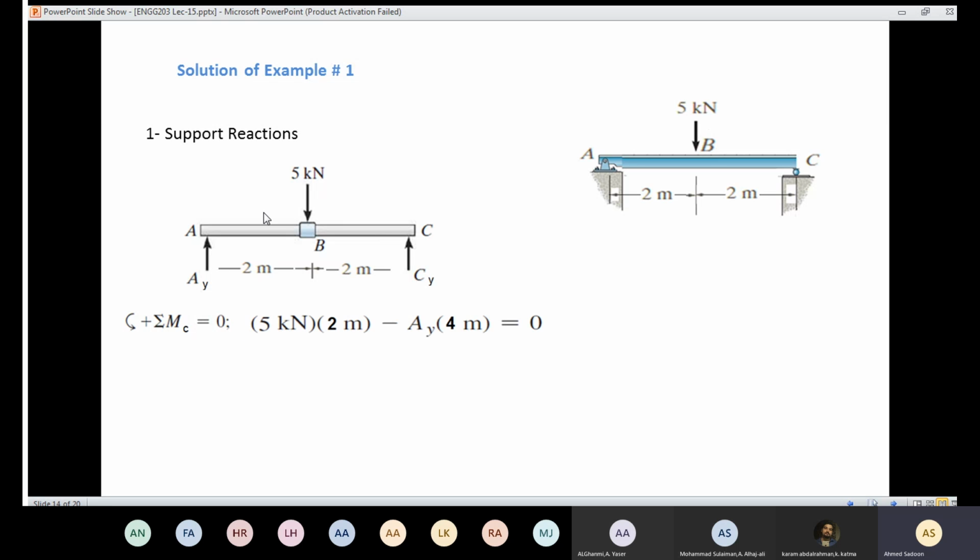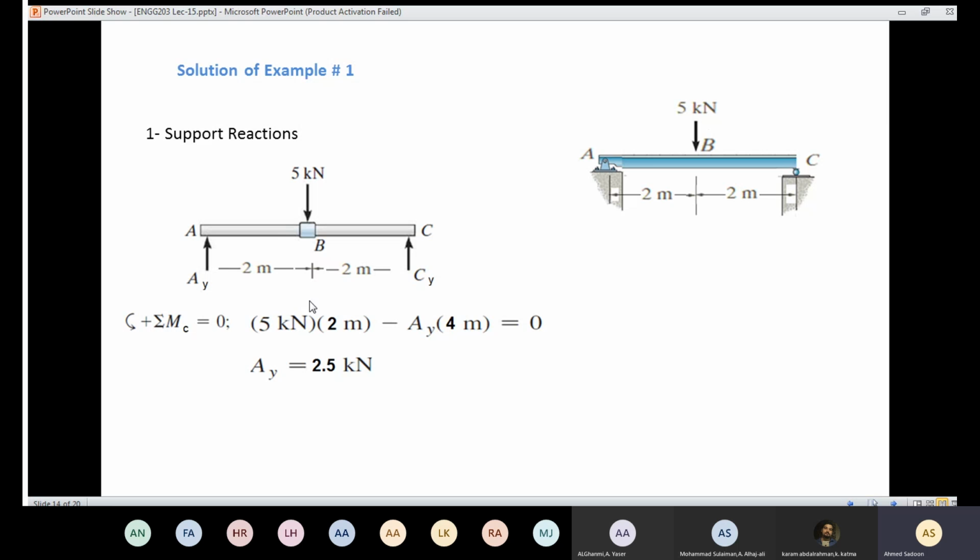So I have a positive moment, 5 kilonewtons times 2, and a negative moment, minus AY times 4 meters. So I have one unknown and one equation. I can easily solve for AY. AY came out to be 2.5 kilonewtons. So now I know the reaction AY.